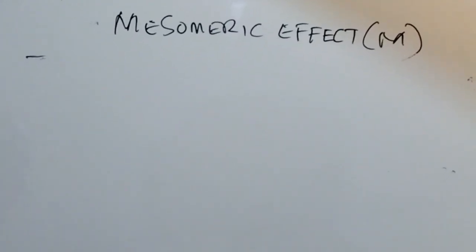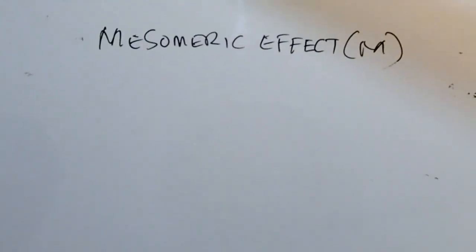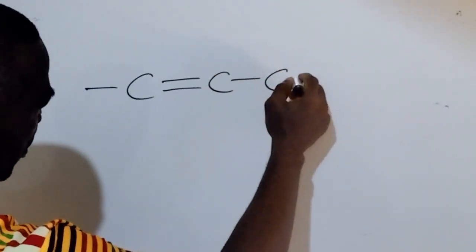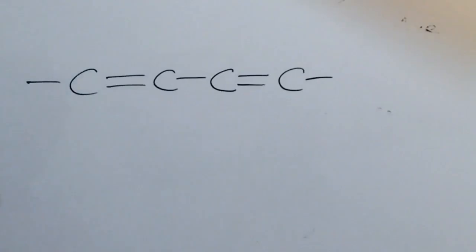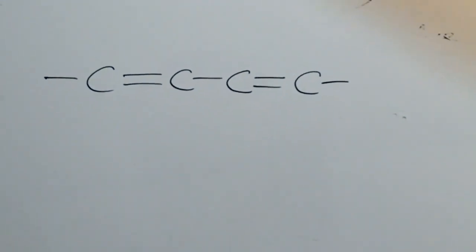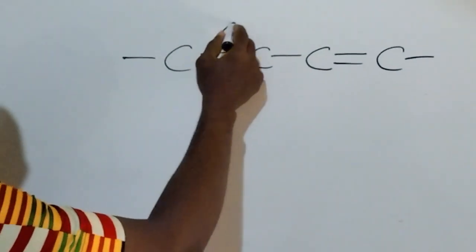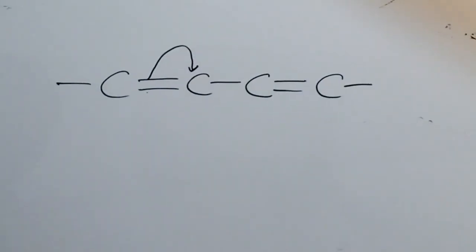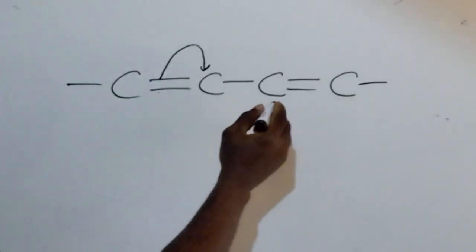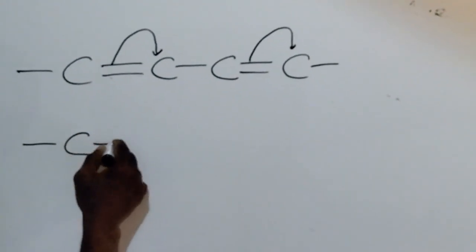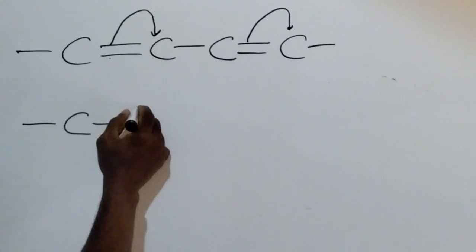So, having done that, we'll now take an illustration of what is meant by resonance or the mesomeric effect. Let's look at this system that is conjugated. How are we going to move the electrons? Electrons can move from here to there. When this happens, this one can also move from here to there. When the electrons move, this one becomes negatively charged.